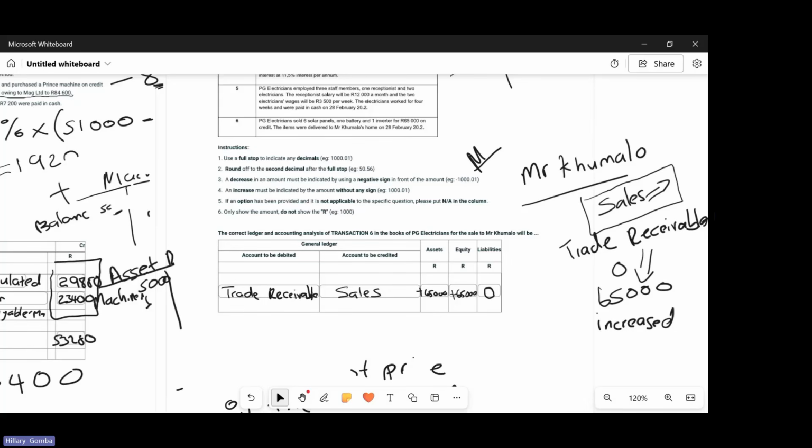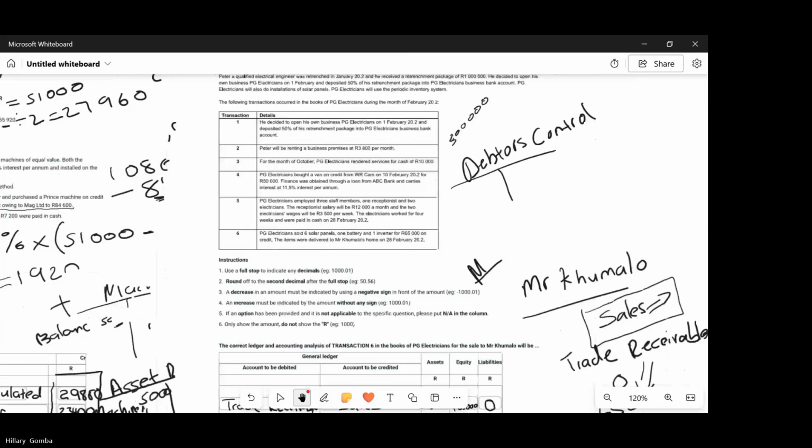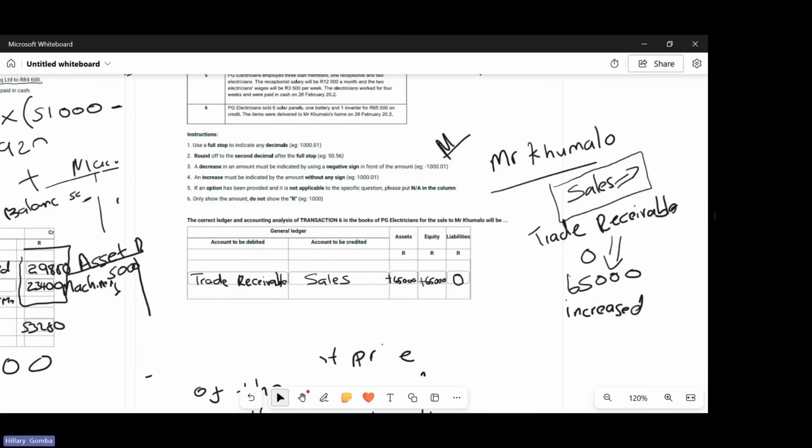That's how you answer this question. And then you get your easy 5 marks. Do you have any questions, or is there someone who is a bit confused or who wants to add?